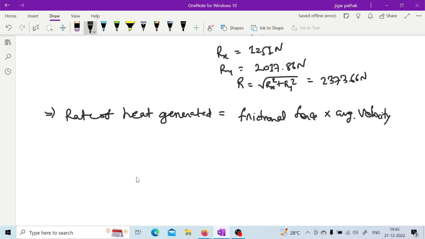So first you need to calculate the average velocity, right? How will you calculate that average velocity? Pi N D by 60.